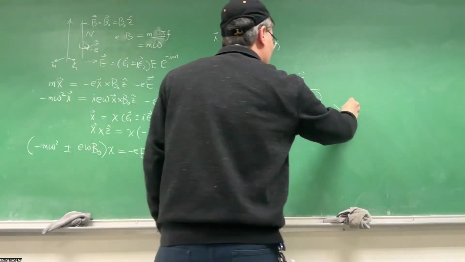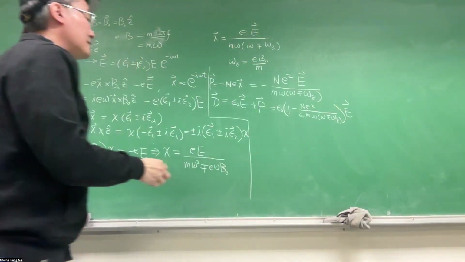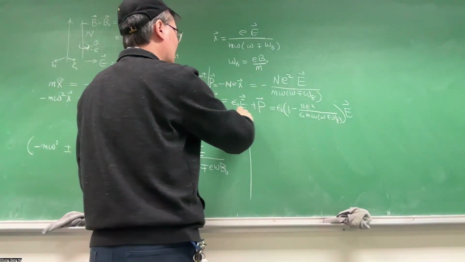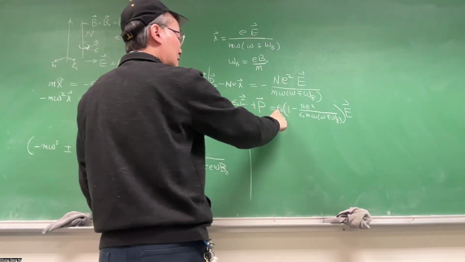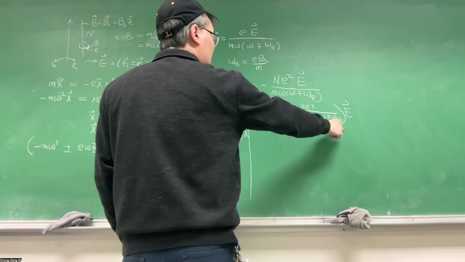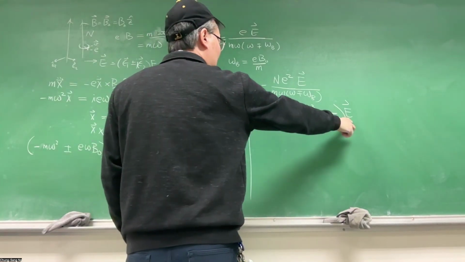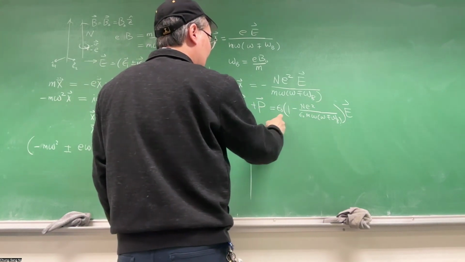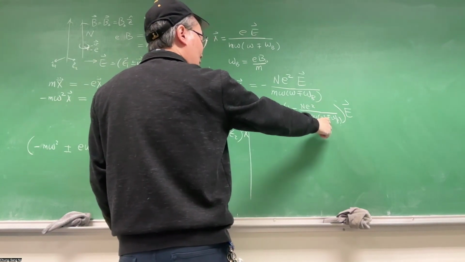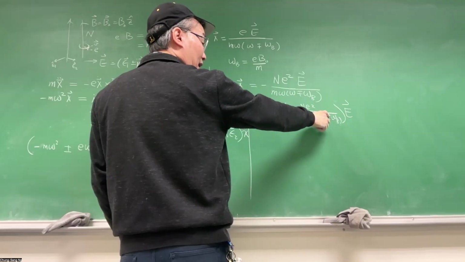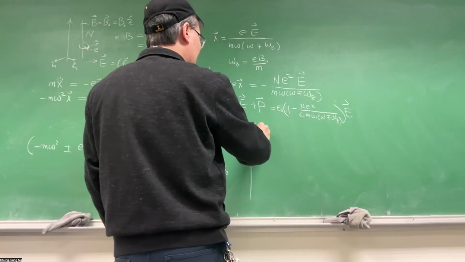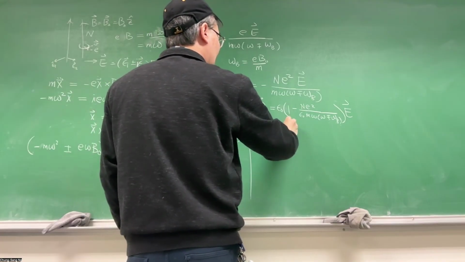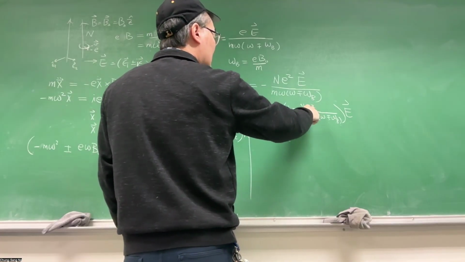And M times E. All right. Then by the definition, this whole thing is your epsilon, right? D is epsilon times E. And epsilon depends on frequency, and also the polarization, circular polarization, you have the minus plus sign. So epsilon omega is epsilon 0 and 1.